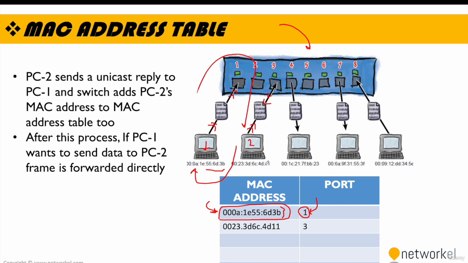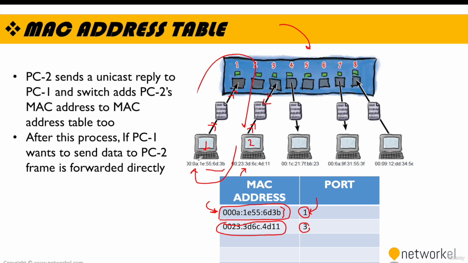I know one more thing: on my port 3, there is one device and it has this MAC address. Okay. Now the switch knows port 1 has this MAC address, port 3 has this MAC address.